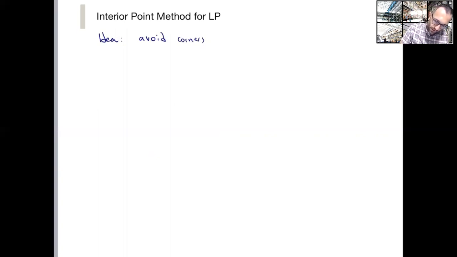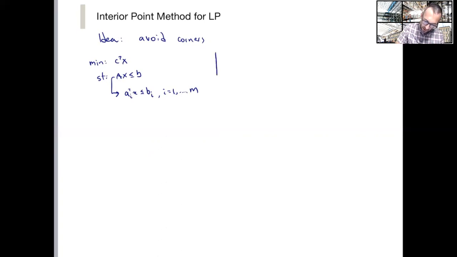So let's write down again the basic linear program. Minimize c prime x subject to Ax less than b, or writing this out explicitly, a_i transpose x less than b_i, i equals 1 to m.